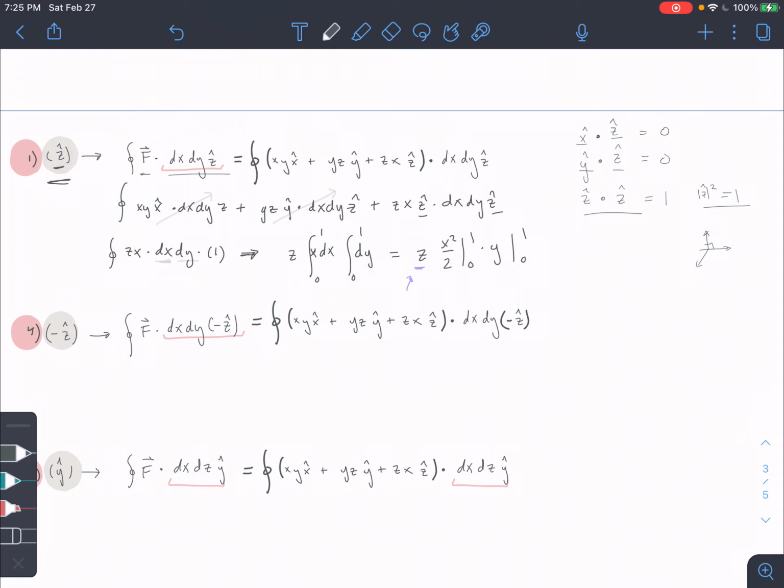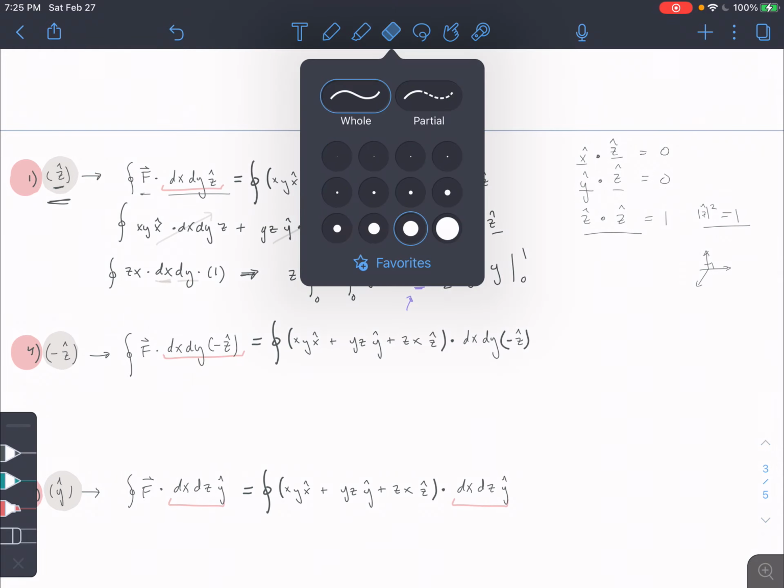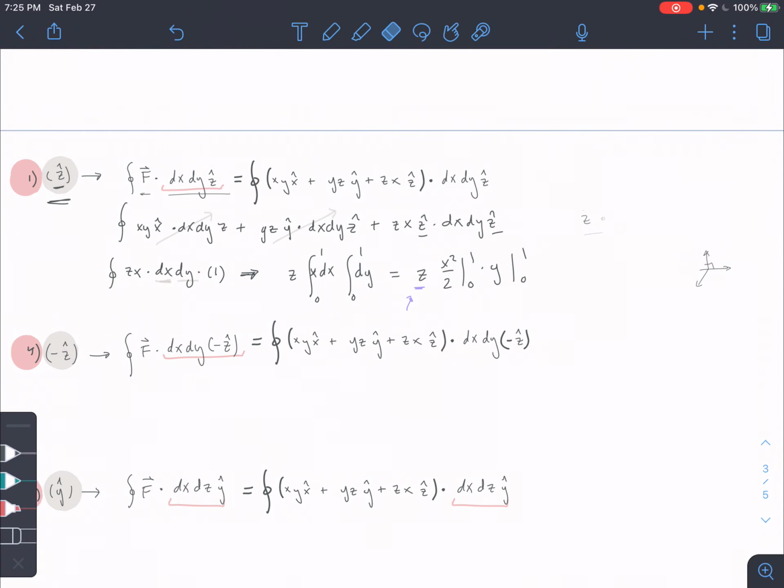So let's go ahead and evaluate that. I'm going to erase my note on the side here, but I'll leave it later on because I'll continue to repeat that. Okay, so then we have 1 for our z, and then we're going to plug in our bounds, right? So we have 1 squared over 2 times 1 for the top part minus 1 times 0 squared over 2 times 0. So we are going to get 1/2 for this first part here.